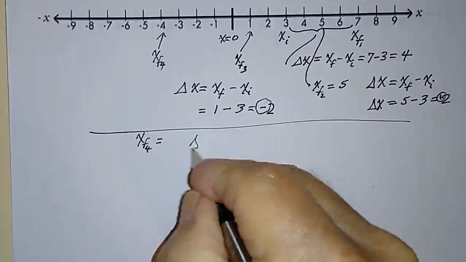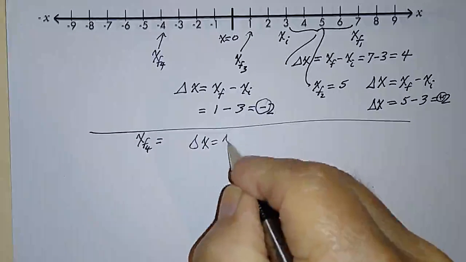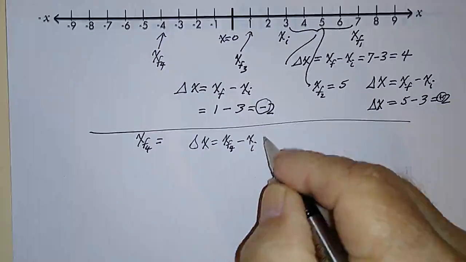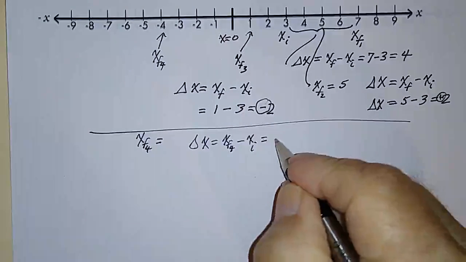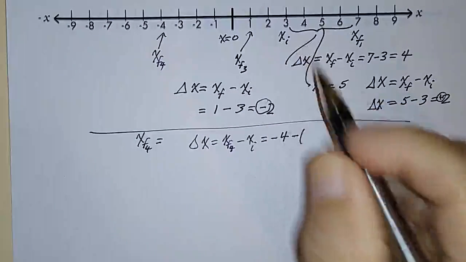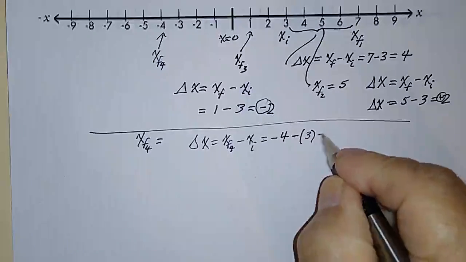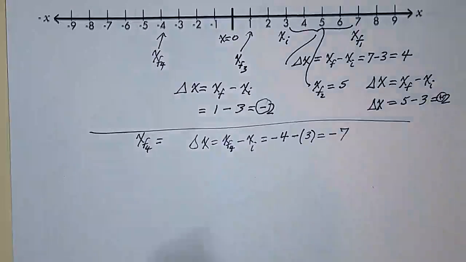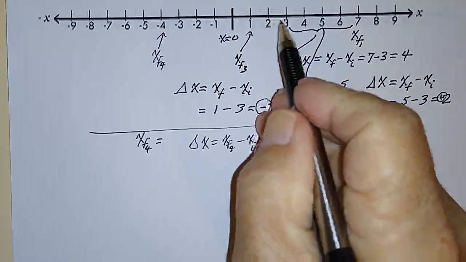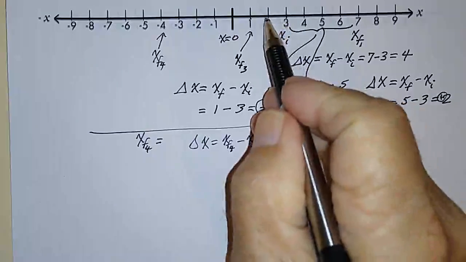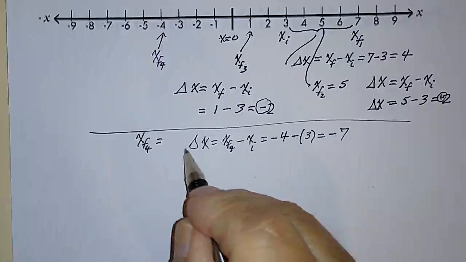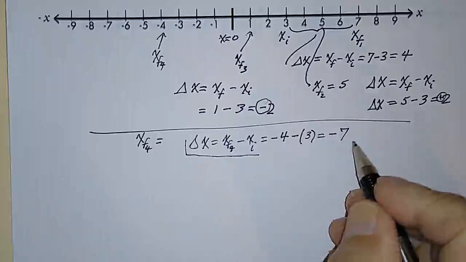So delta x is equal to x final 4 minus x initial, and x final 4 is equal to minus 4 minus x initial, which was 3, and that's equal to minus 7. So in other words, I actually ended up 7 units to the left of my starting position. 1, 2, 3, 4, 5, 6, 7. So if you'll just stick to this definition, it always works out correctly.